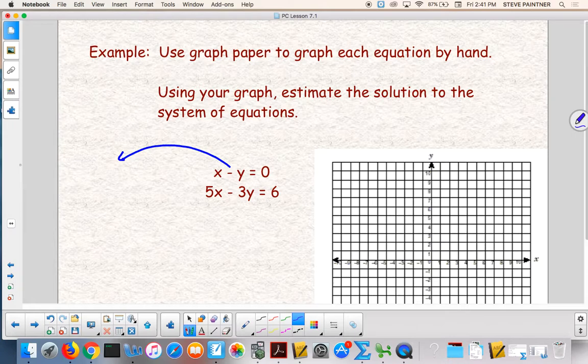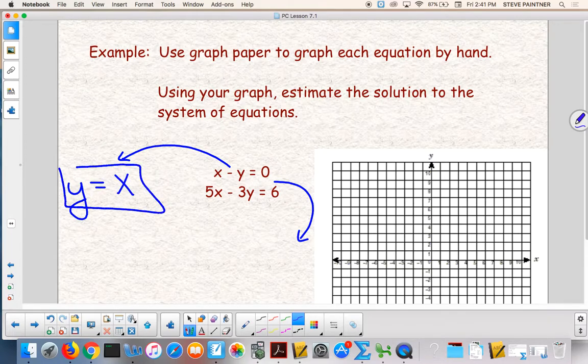They're both linear, so I would probably solve for y on both of them. First one you get y equals x. Second one you would get negative 3y equals negative 5x plus 6.